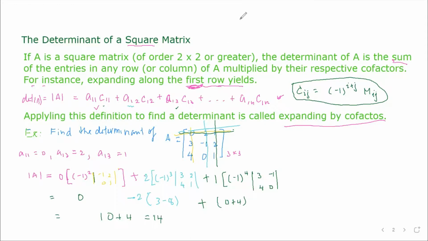Now I give you another way to find the determinant of 3 by 3s. If you don't want to be concerned about the signs, there is a trick here. From this step, the first one is still the same.